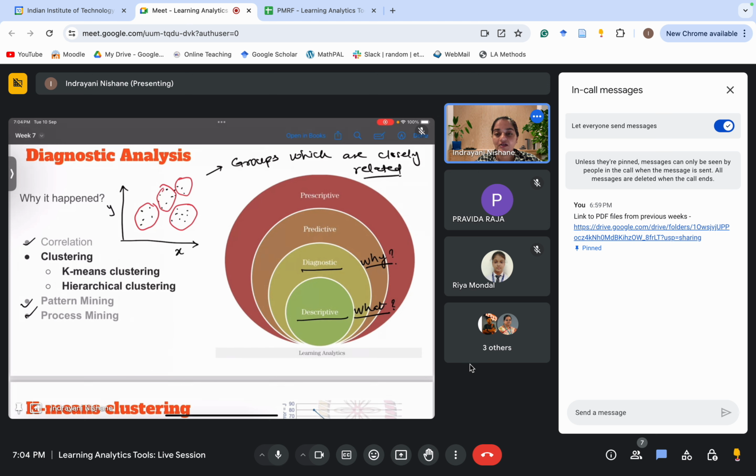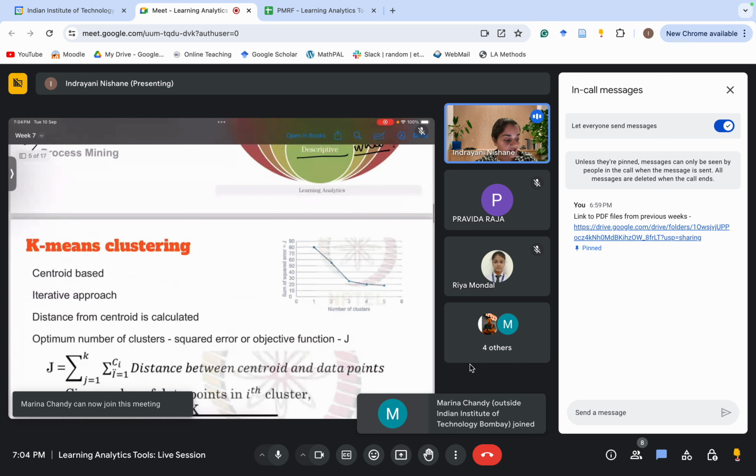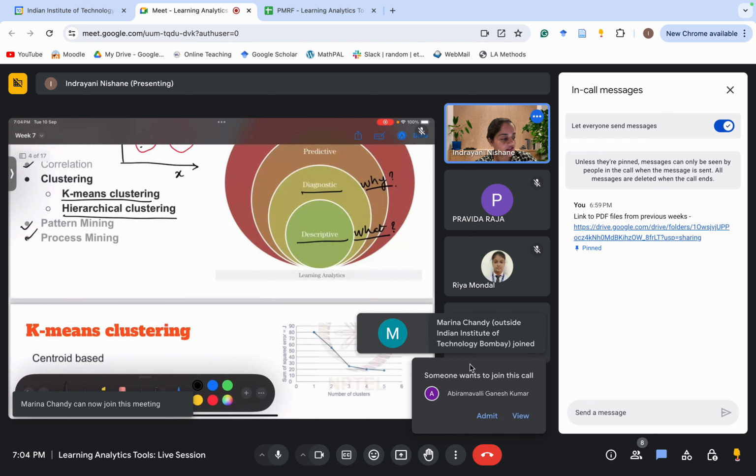Clustering is one step towards that, which will help us in predictive analytics also, and in optimizing the learning environment when we want to do personalization in our computer based learning environment, right? So, moving on to the types of clustering, like k-means clustering and hierarchical clustering, in detail.